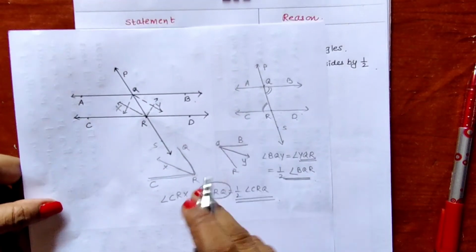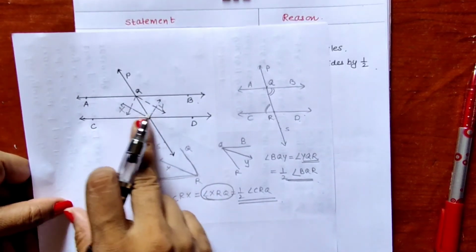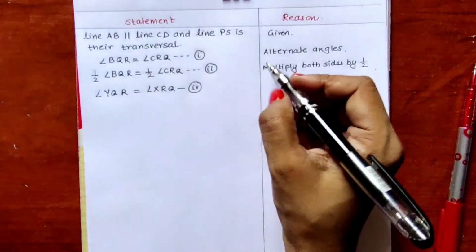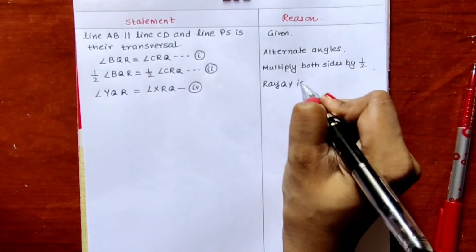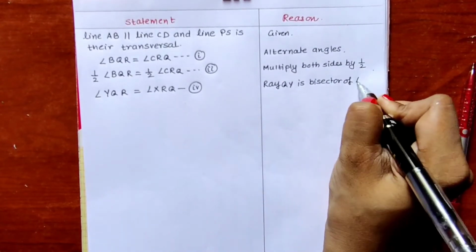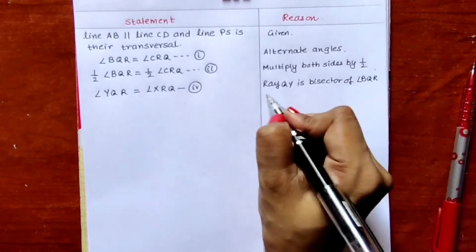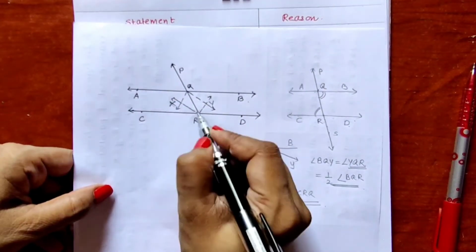For both these statements, I will write these properties: ray QY is the bisector of angle BQR and ray RX is the bisector of angle CRQ.